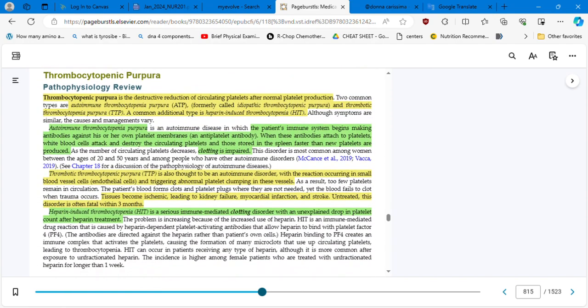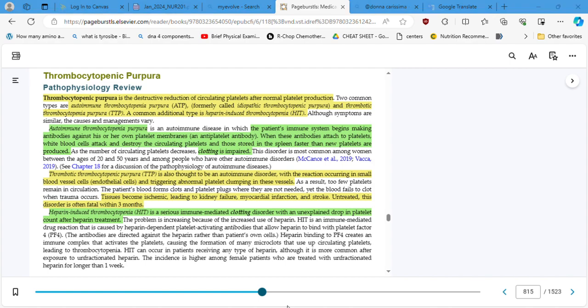Now we're going to talk about thrombocytopenic purpura. The PowerPoint is mentioning right now the three types. It is the destructive reduction of circulating platelets.